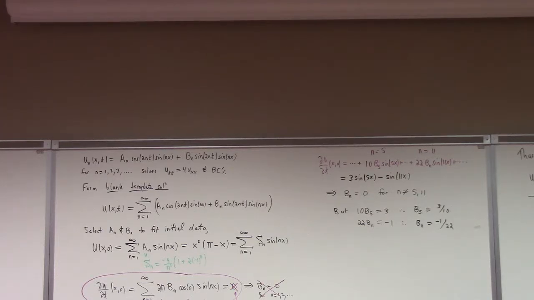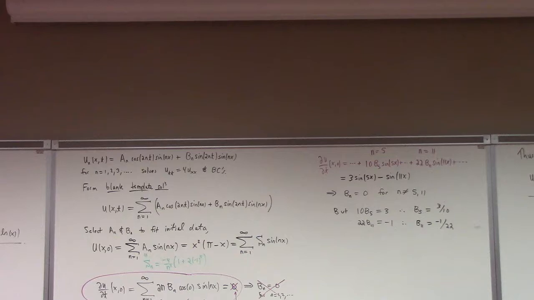So my solution then is y equals c1 x to the minus 1 cosine of 2 log x plus c2 x to the minus 1 sine of 2 log x. There you go.